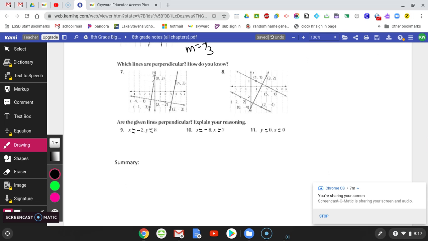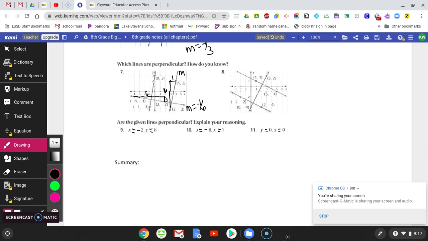Okay, so for this one, let's see. I'm going to go up 1 and over 1, 2, 3, 4, 5, 6. So this one has a slope of negative 1 over 6. Okay, the next one, I'm going up 1, 2, 3, 4, 5, 6, and over 1.